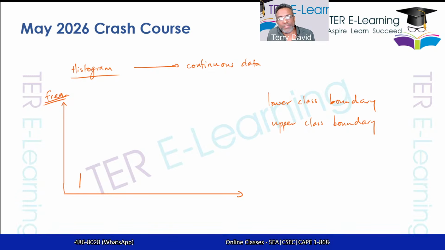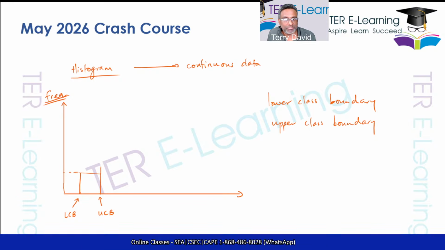So when we draw a histogram, this is what happens. You draw a bar. This here will be a lower class boundary. This here will be an upper class boundary. And obviously, this is your frequency.